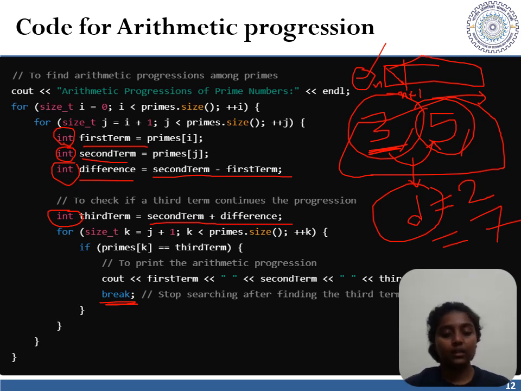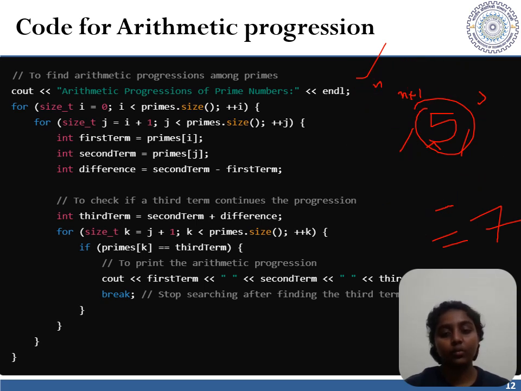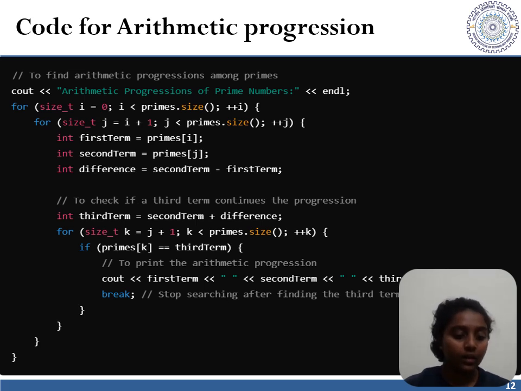It executes until all the numbers are covered, all the prime numbers are covered, and all possible sequences have been achieved. Let us assume that I have chosen something like 17 and not 3. Like after running 3, 5, and 7, finally my code has come to somewhere over 17.